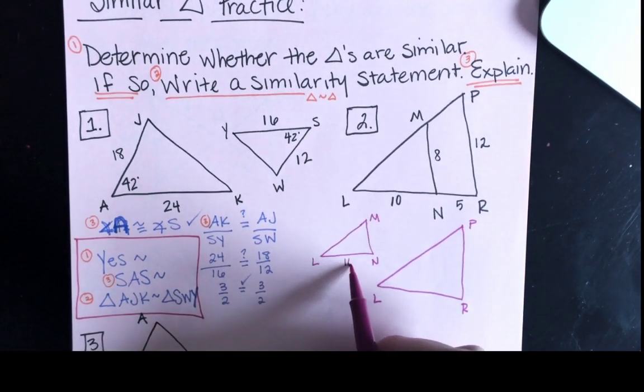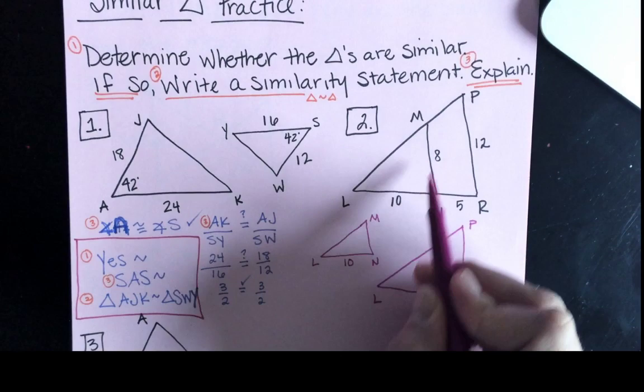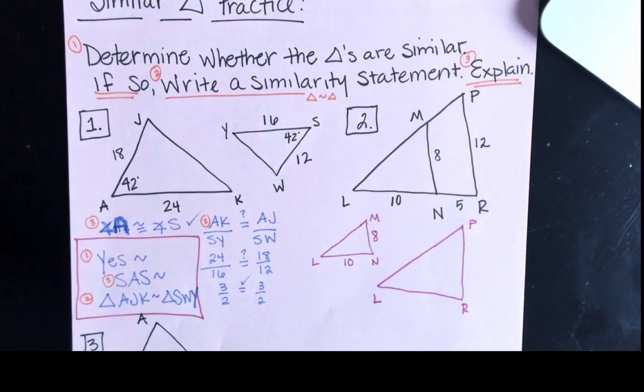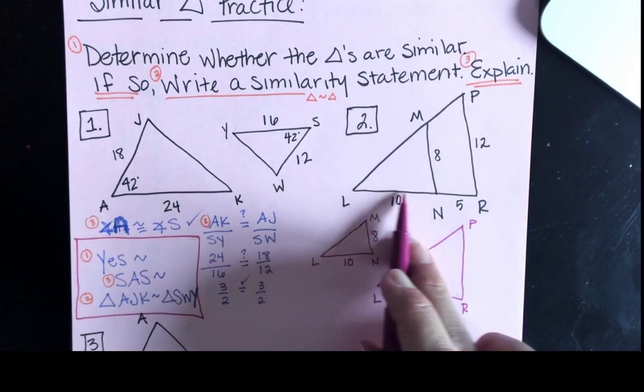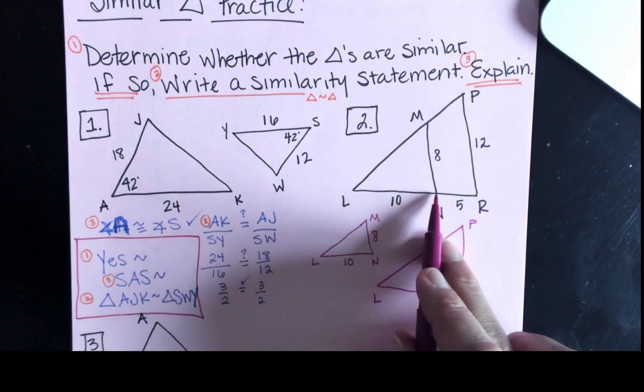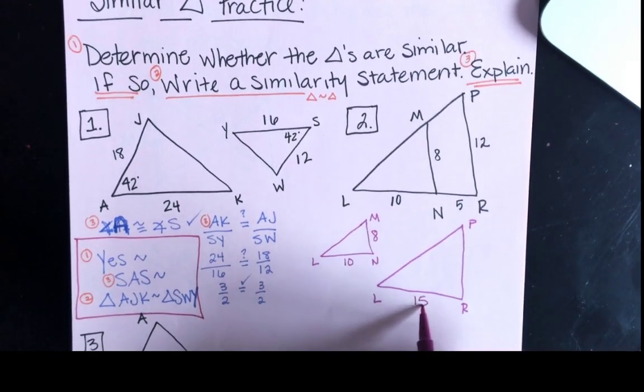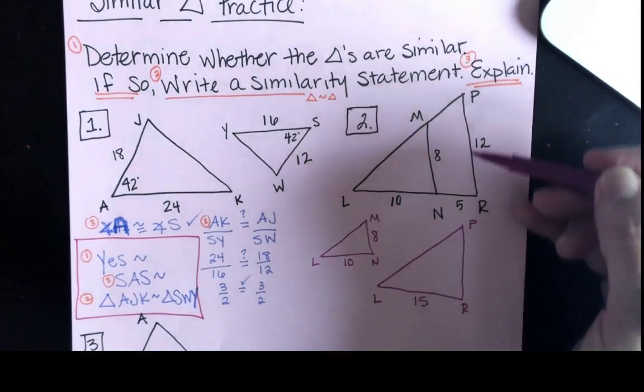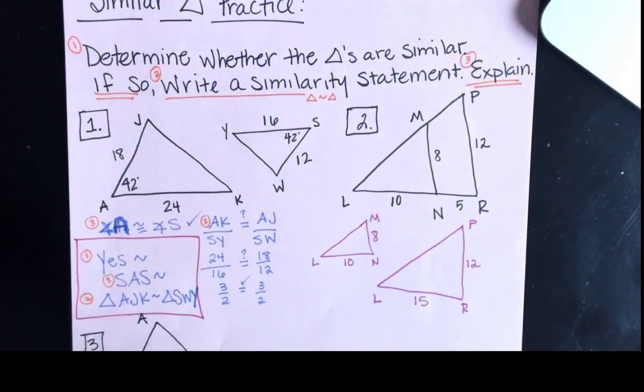LN we can see is 10. 8 is here. And then when I look at all the way from L to R, it's 10 and 5, so that's why it's 15. And then PR is 12.